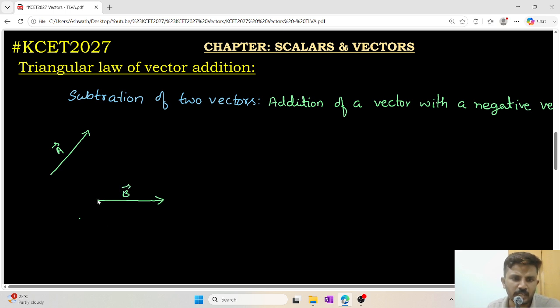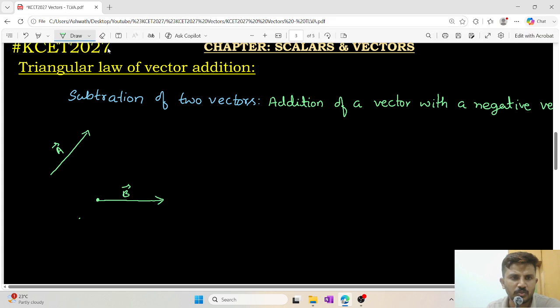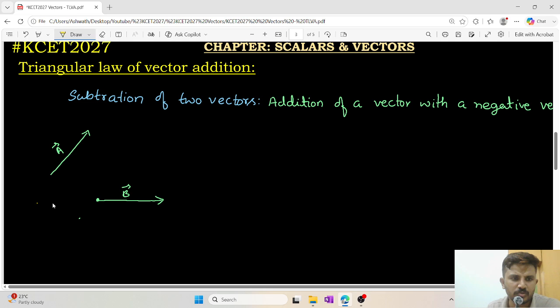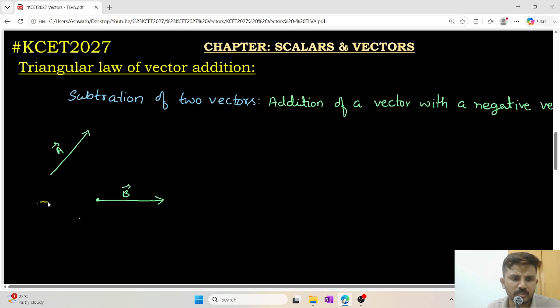To find a minus b, that is subtraction of vector b from a, you need to find the negative of vector b. So in this direction I have to consider the vector b opposite to it. So you will get minus b from the same initial point. Now you can add these two. Vector a is taken in this direction, and minus b is toward the negative x-axis.